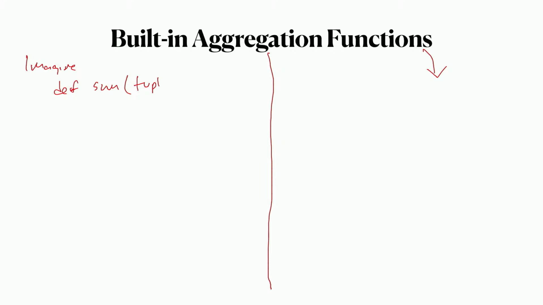Sorry, I've got to give this parameter a name. Value items is what I called it before. And this is a tuple of floats, and it's going to return a float.